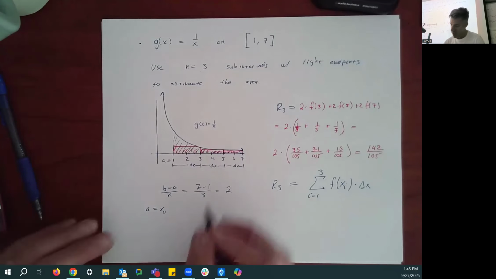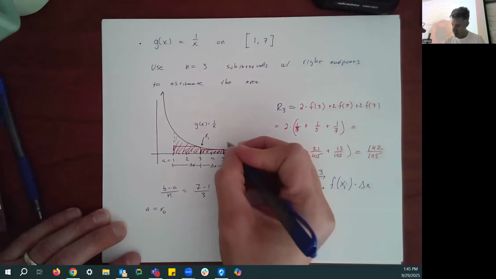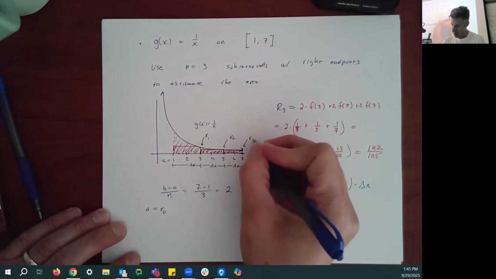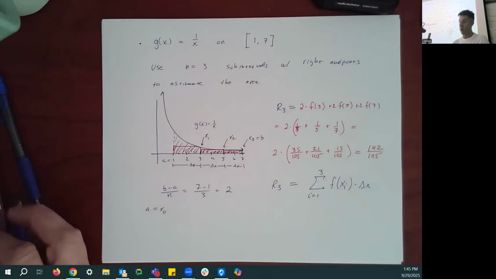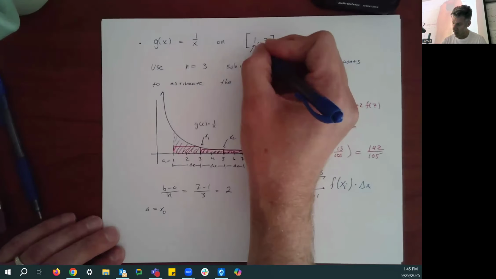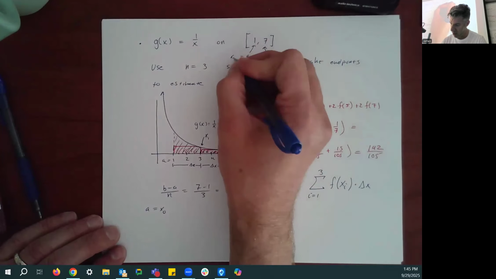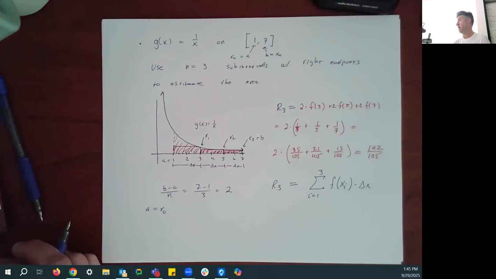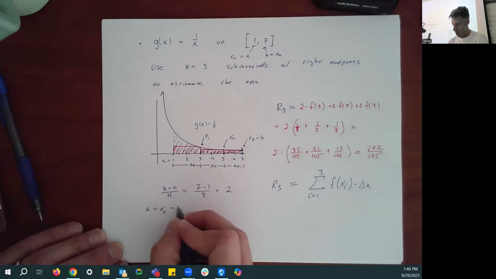Here, our x sub 1 is 3, our x sub 2 is 5, and our x sub 3 is 7, which is also our ending value. Our interval is from 1 to 7, so A is 1 and B is 7. A is also x sub 0, and B is also x sub n, whatever our n is, in this case 3. So our A is x sub 0, which is 1.